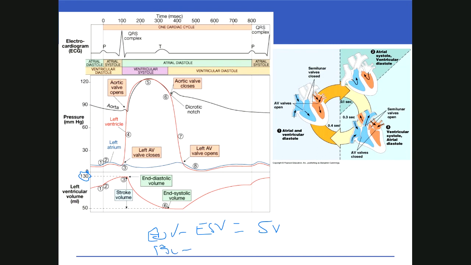ESV is 50. So if we look at that, 80 milliliters of blood were ejected or pumped out during that beat. Now it changes. It's not the same every single beat. But during this beat, that's what it was. Make sense? Any questions?